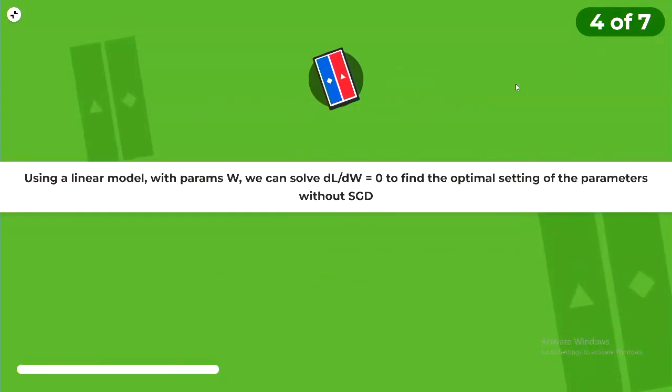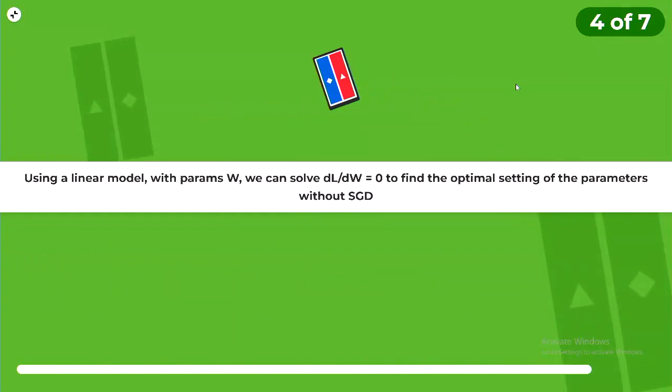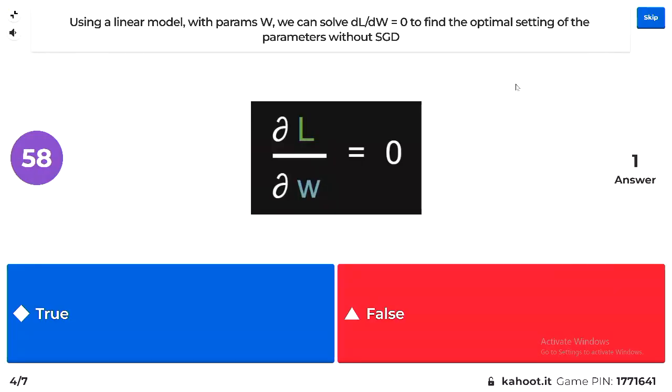Another true or false. Using a linear model with parameters W, we can solve derivative of loss with respect to W equals 0 to find the optimal setting of the parameters without stochastic gradient descent.